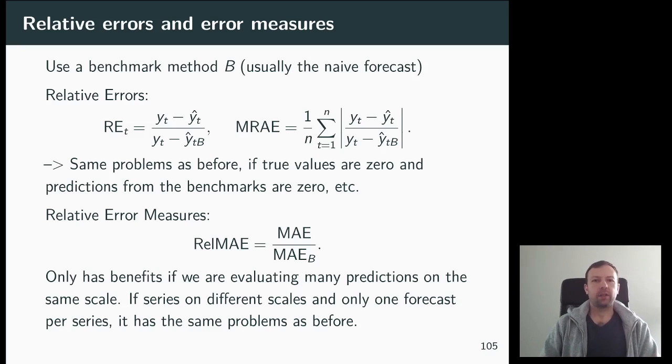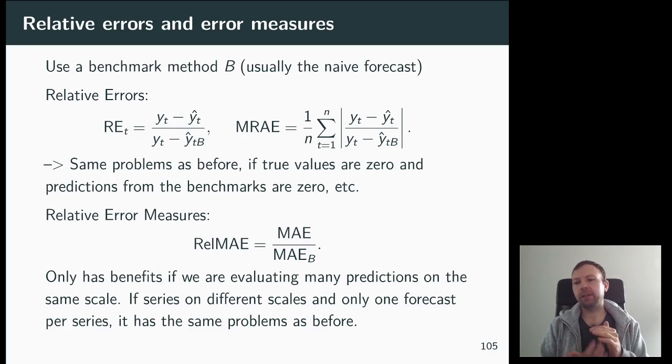So yeah, that brings us to the next category, relative errors and relative error measures. The idea was: if dividing by the true value gives us so many problems, why don't we use a benchmark method B? Usually people would use just a naive forecast as this benchmark.